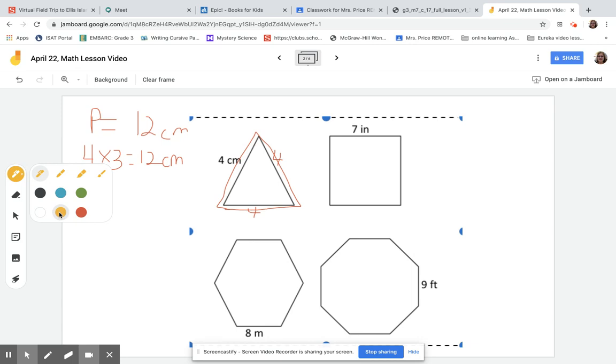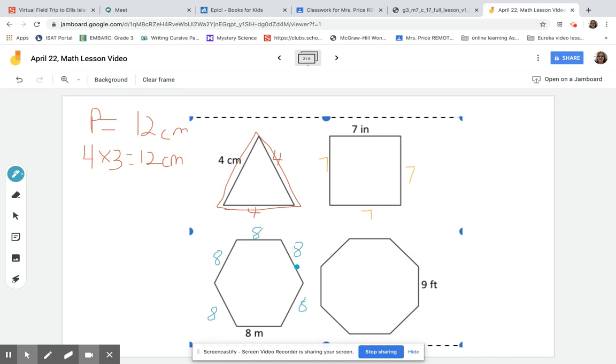The first thing you want to do is label the missing sides so you don't miss anything. All of these are going to be the same. We could do the multiplication, or for this octagon, you would do 8 plus 8 plus 8 plus 8 plus 8 plus 8 plus 8 plus 8.